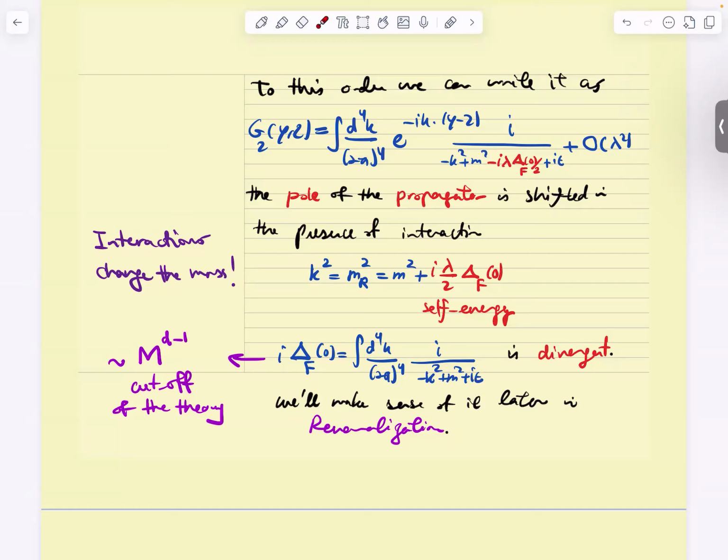First order means minus i lambda. By the laws of Feynman diagrams, only minus i lambda appears at the vertex. I should have 4 external legs, and I have to attach these guys, and it has to remain connected. That's the only thing that I can get.